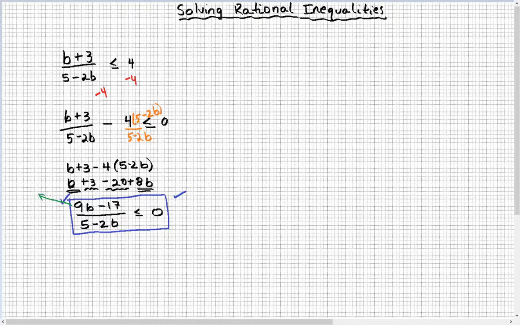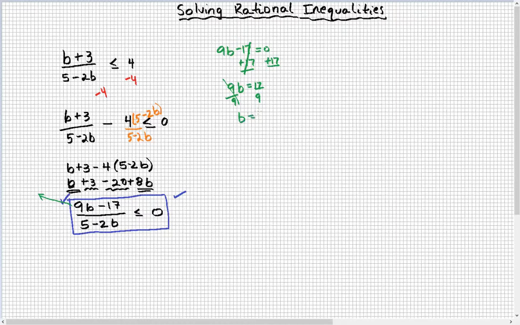So from here, we have to do the work on the side. We have to take the numerator, which is 9b minus 17, and set it equal to 0. Add 17 to both sides. We have 9b equals 17. Divide both sides by 9.